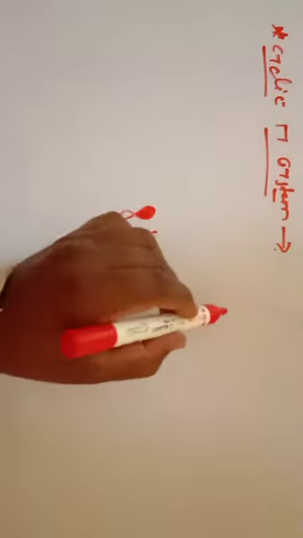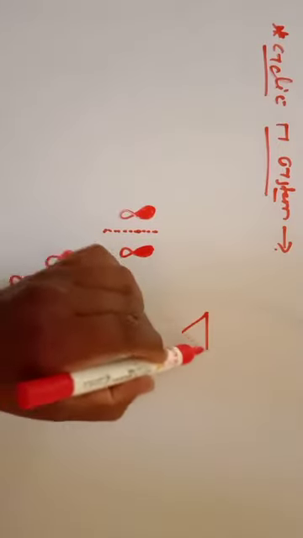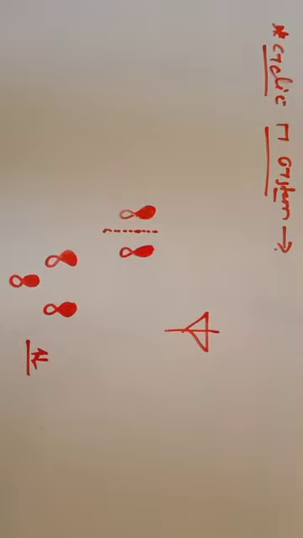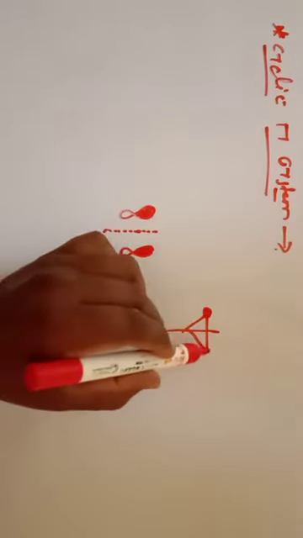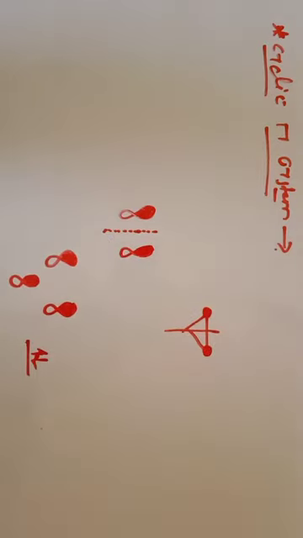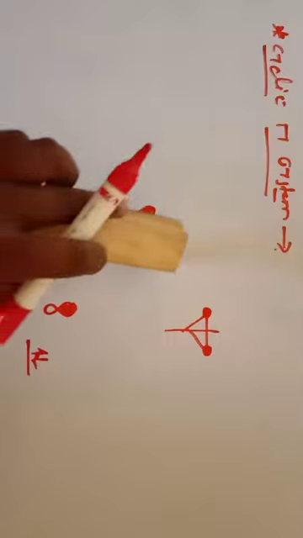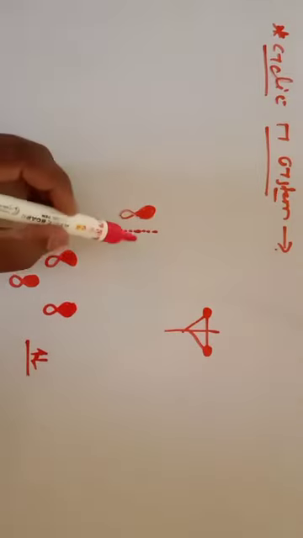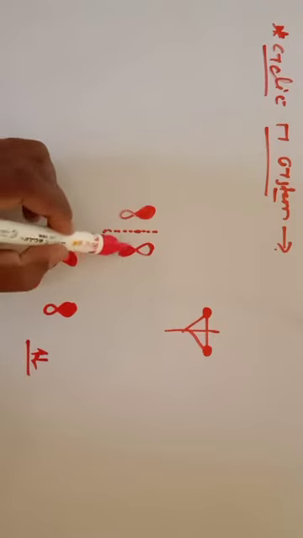So if you consider this system, this is the node which bisects the molecule, and only this p orbital of carbon and this p orbital of carbon are involved in bonding. The other is not involved in bonding, it is a node. Both these p orbitals are in different phase, they are not in the same phase, so there is a node.